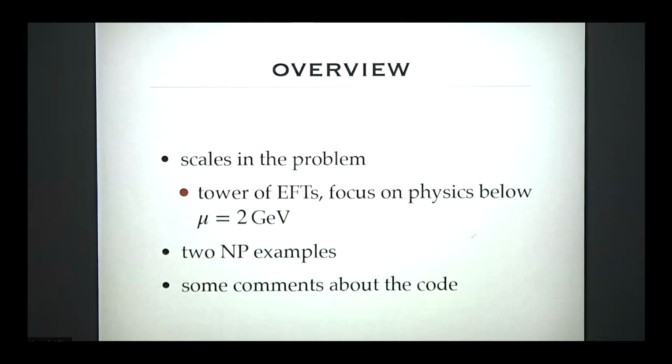So first I'll go over the scales in the problem. There's a tower of these EFTs. We'll focus on the physics below 2 GeV. I'll have 2 new physics examples of how this matches on, and then I'll have 1 slide about the code.